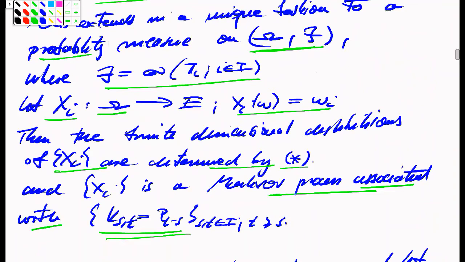So, if you recall, in the first lecture we were discussing that a Markov process gives rise to a transition function. And here the message is, okay, a transition function gives rise to a Markov process.